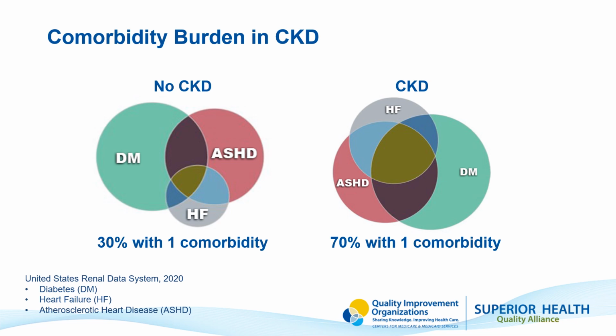Where there is no CKD, as it relates to the comorbidities diabetes, atherosclerotic heart disease, and heart failure, 30% have one comorbidity. If there's CKD present, then 70% of patients have one comorbidity.